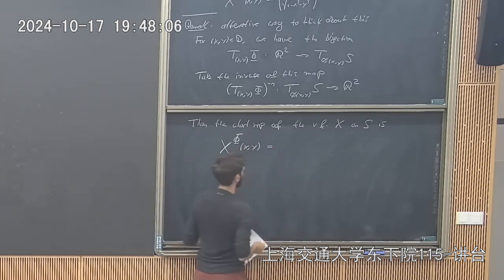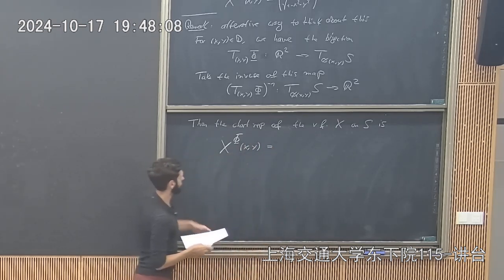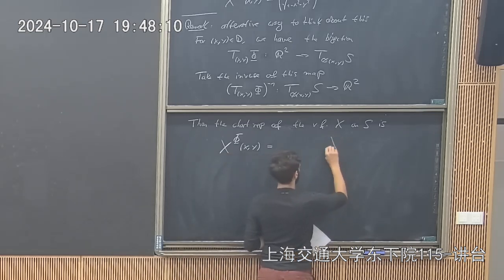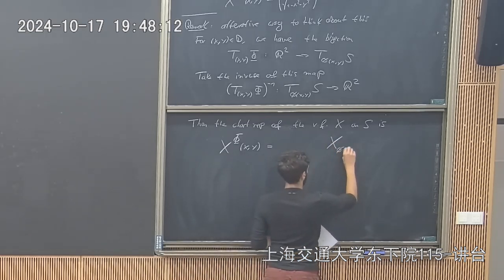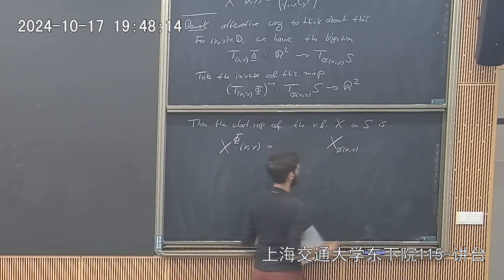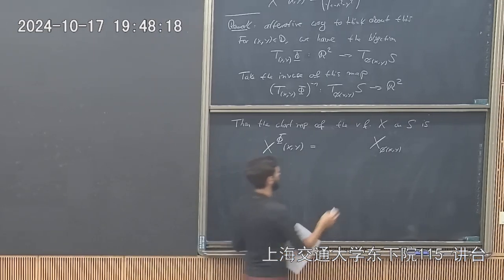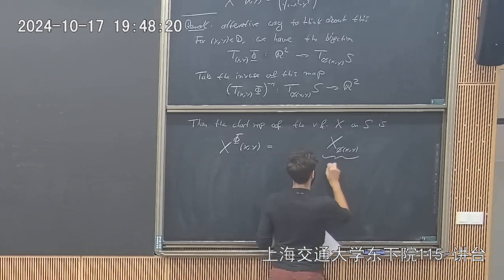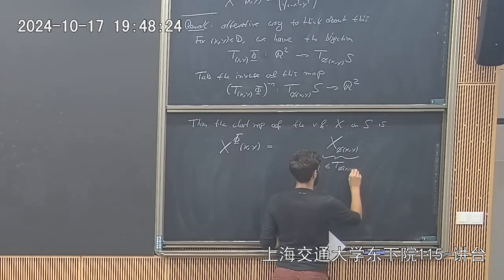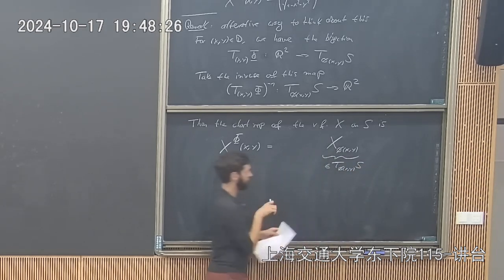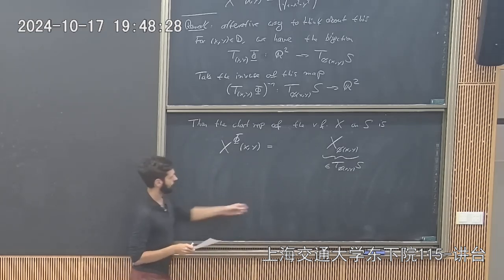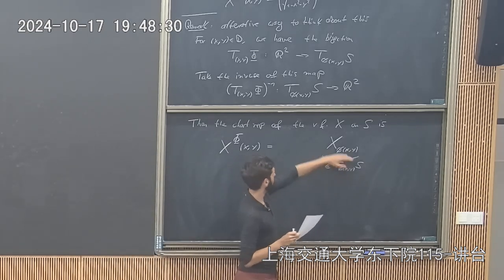What we do is we evaluate X at phi of x and y. So that's a tangent vector at the surface at that point.